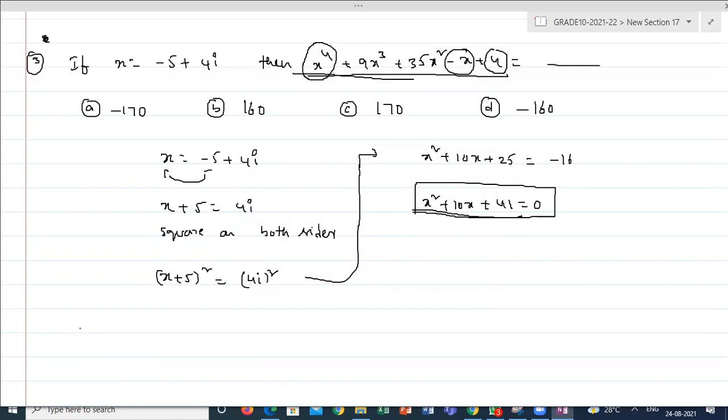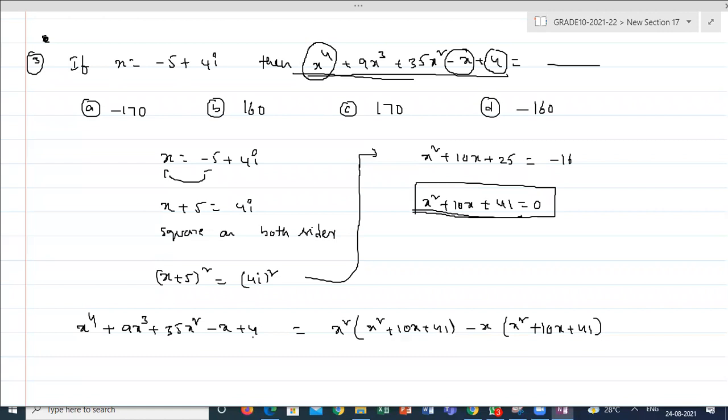I am writing this equation x power 4 plus 9x cube plus 35x square minus x plus 4 will be equal to x square into x square plus 10x plus 41 minus x into x square plus 10x plus 41 again plus 4 into x square plus 10x plus 41.